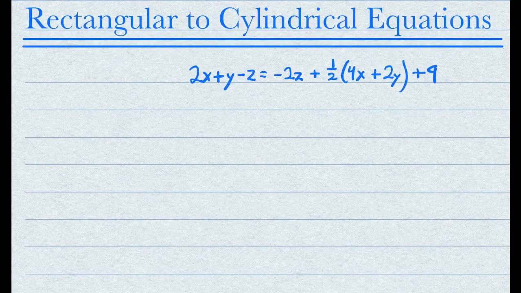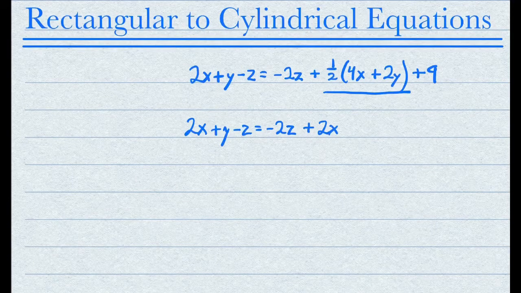And we'll use algebra. Let's get everything on one side. Actually, let's start over here. Let's simplify this part in the parentheses. So I'll just bring this part down, leave this for now, and I'll distribute that 1/2. I'll multiply that into the parentheses. So 1/2 of 2x is just x. 1/2 of 2y, that's just going to be y.